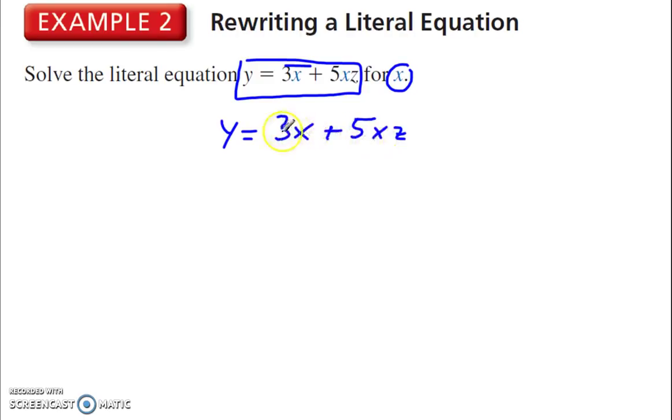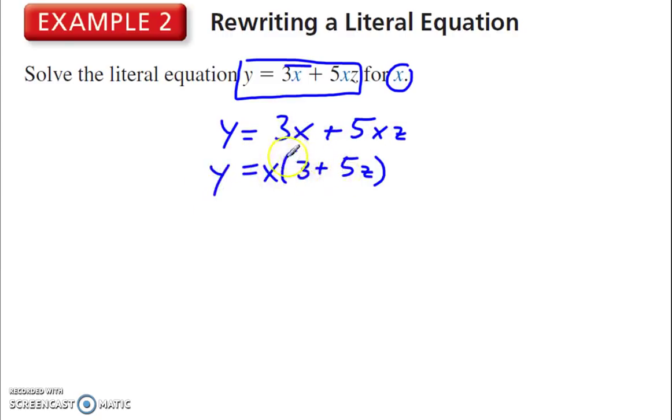I can use reverse distributive property and divide both of these by x. Take x out of parentheses. It's called factoring out. I'm factoring out an x. And then I have this expression. If I did distributive property to this, I'd get 3x and 5xz. So I'm doing reverse distributive property and pulling out a factor.